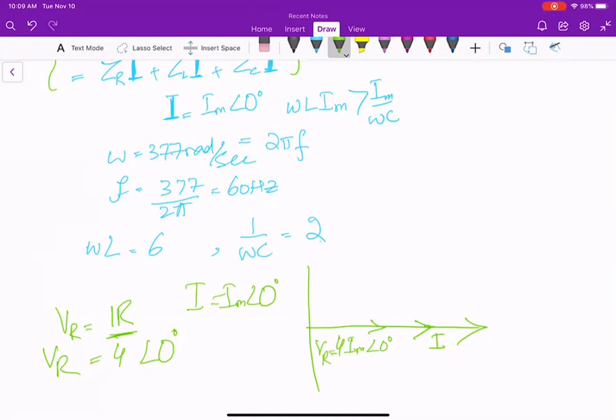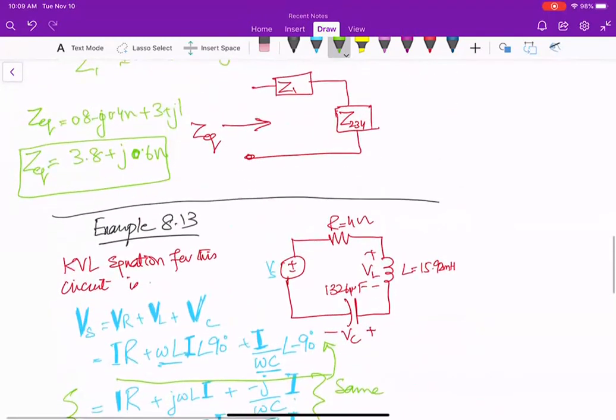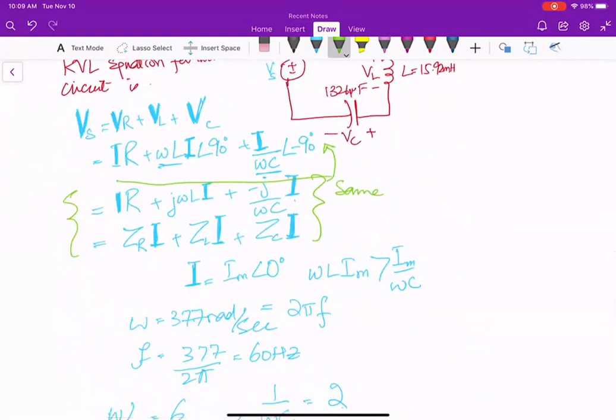Wait, can you explain how you got 0 degrees again? Yes, so we are given that our current is at 0 degrees. We are assuming that our current is at 0 degrees. Why would you assume that?